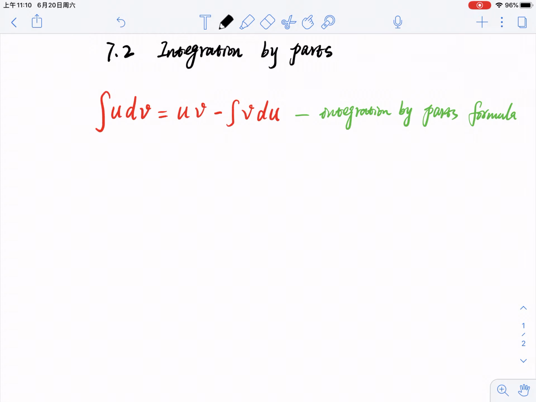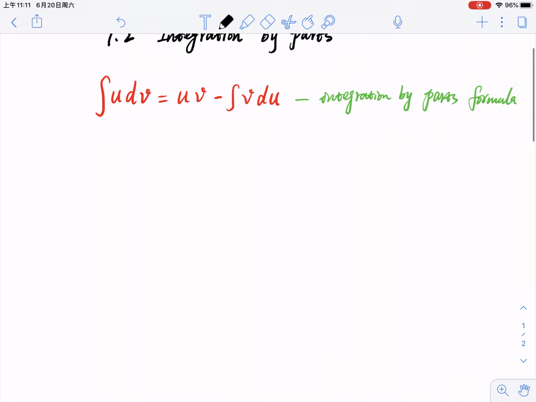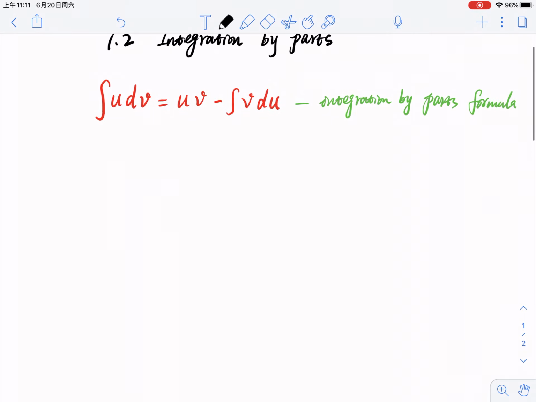In this video, we will talk about section 7.2, Integration by Parts. The integration by parts formula says that the integral of u dv is equal to uv minus the integral of v du.